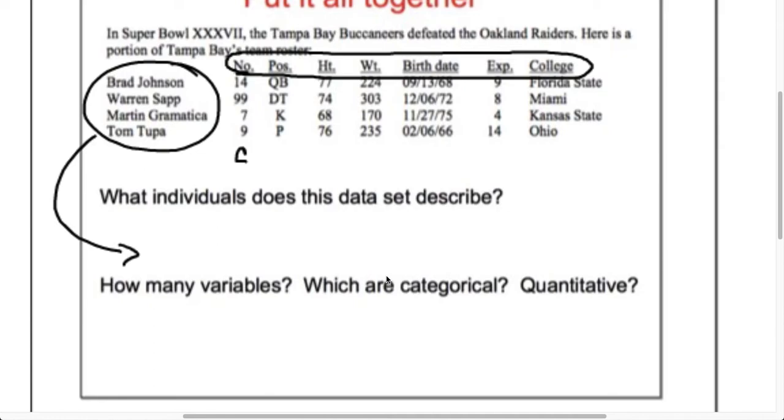So that's categorical. Anything that's not a number is also categorical. Height and weight, quantitative. Birth date, categorical. Experience can be quantitative. It could be helpful to know the average number of years that your team has on its roster. And then college is definitely categorical.